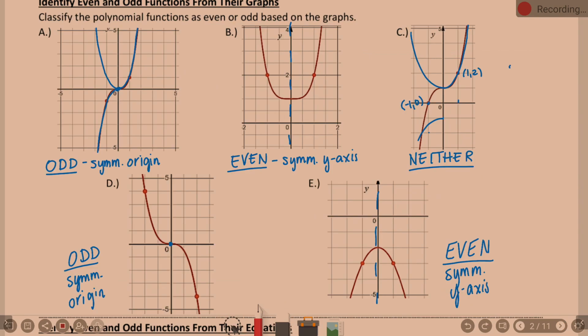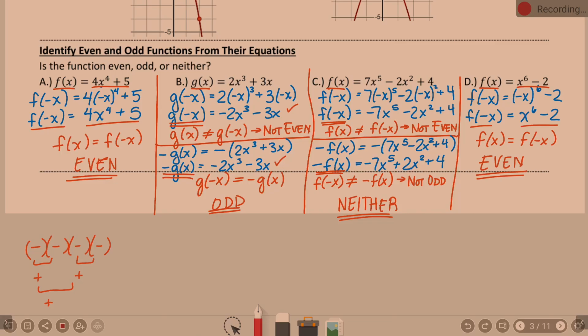So in class, we spent a little bit of time looking at graphs, saying, okay, this is symmetric about the y-axis, so it's even, or this one is symmetric about the origin, so it's odd. And then the trickier part is we looked at the equations. On these, we would find f of negative x, and that means every time you see x, you replace it with negative x.